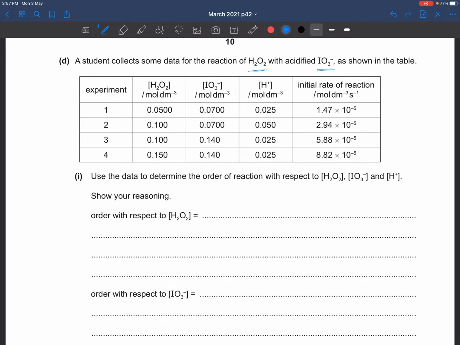First of all, we can take reaction 3 and reaction 4 because IO3 minus is fixed and H plus is fixed, and we can see that the concentration is increased 1.5 times, from 0.1 to 0.15. If you solve the rate terms here, the rate is also increased by 1.5 times. So you can say that with respect to H2O2, this is first order.